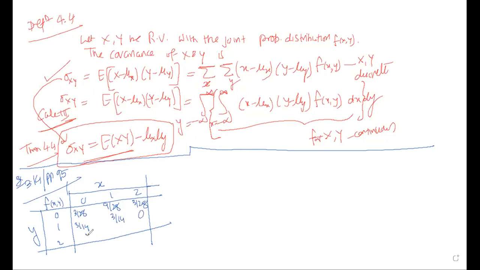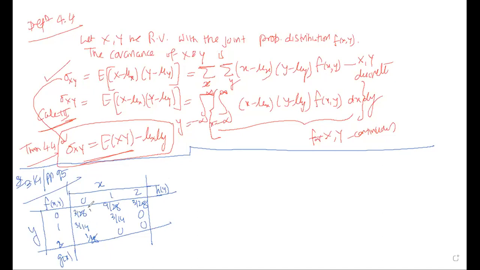Then after it is given 1 over 28, then 0, and then 0. Whenever we have this type of thing, always keep in mind that here we need to write g of x, and here we are going to get h of y, because we are going to use the marginal function on page number 116 of the book.